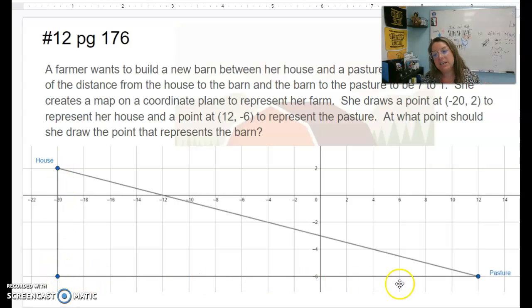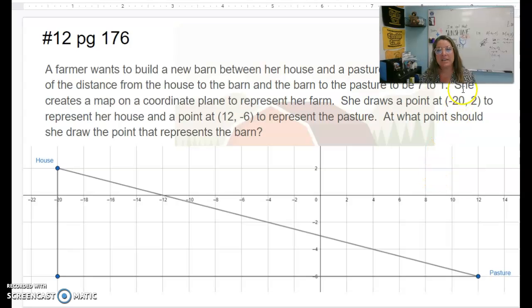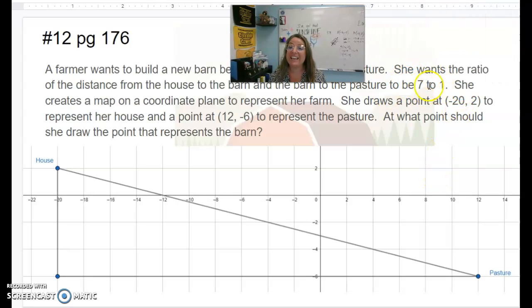And then the run is actually a run of 32. Since we want that ratio to be 7 to 1, we need it to be 8 equal parts. So we would divide each of those by 8, and then it will give us the point where we want to locate the barn.